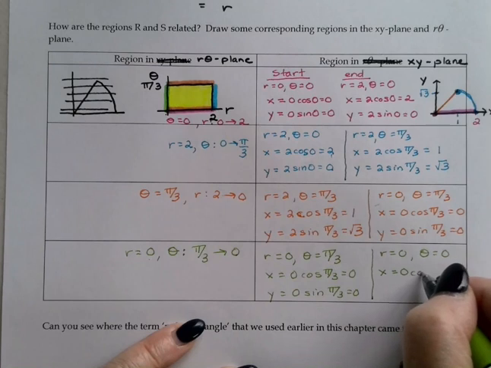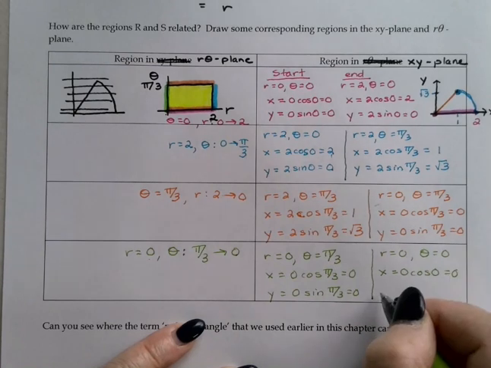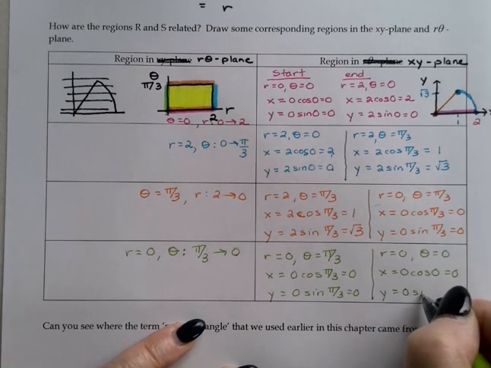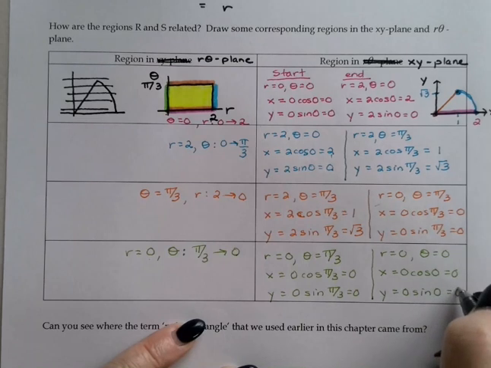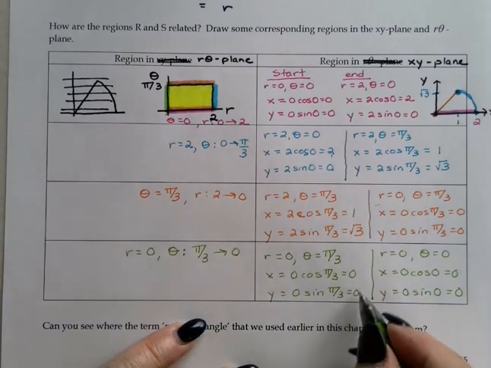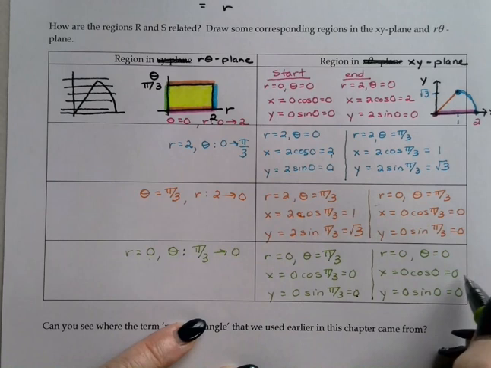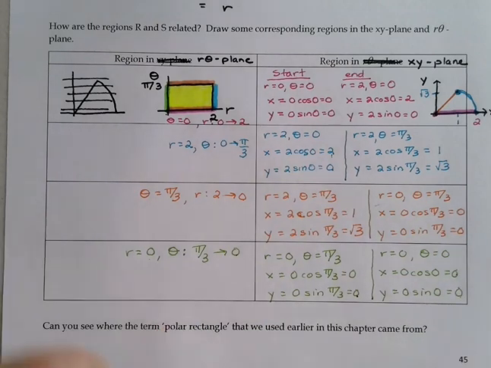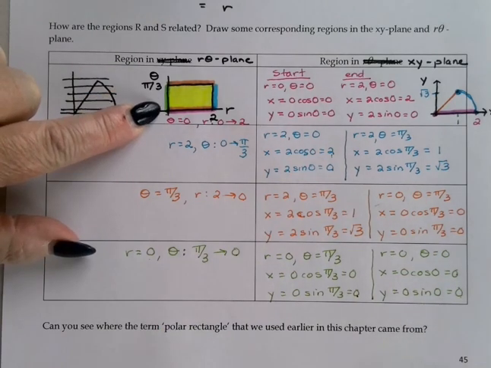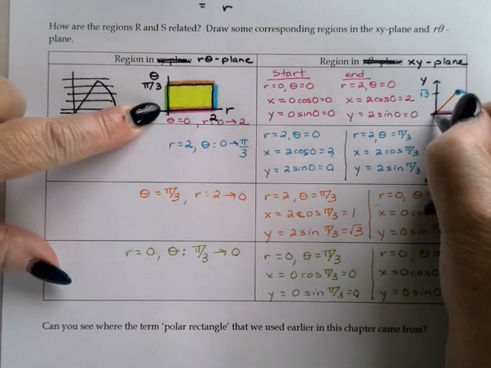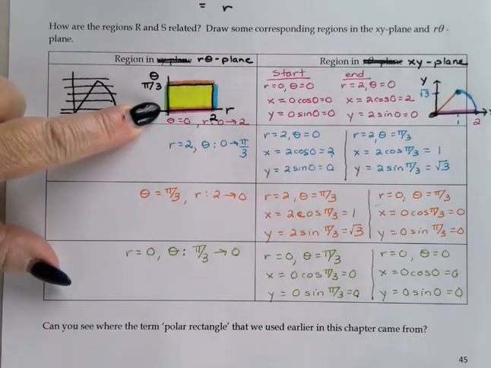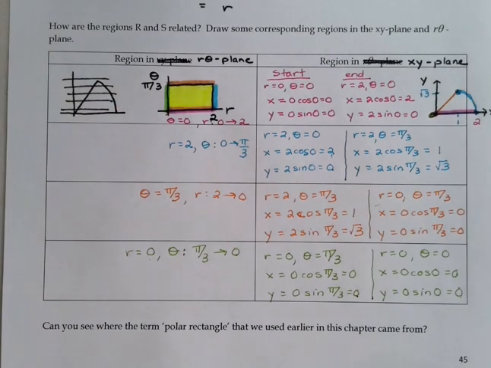And the same thing happens. I get 0 for x, and I get 0 for y. So I'm at (0, 0) to start with, and I'm still at (0, 0) when I finish. This entire line segment is actually mapped to just that one point at the origin in the xy plane.